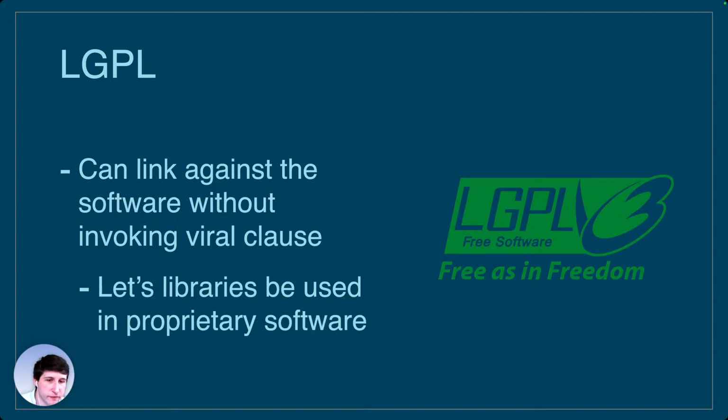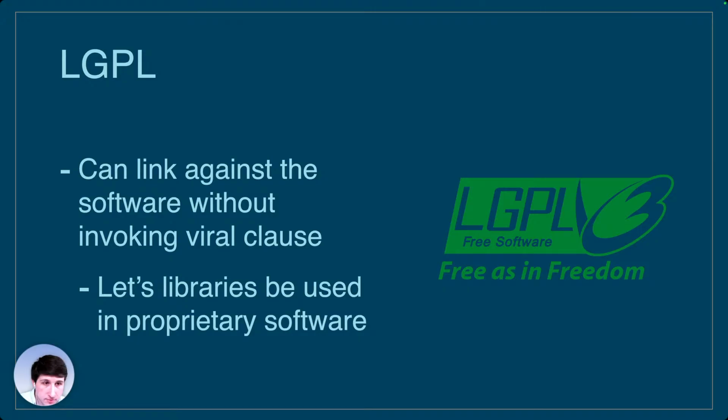The LGPL is a little bit more moderate than the GPL, and it stands originally for the Lesser GPL. Sometimes people refer to the L as standing for Library GPL. The idea here is that if you modify the original software, you do still need to release your software under the same license. But if you just take the already compiled library and link against it, the LGPL explicitly says you do not need to buy into that viral clause.